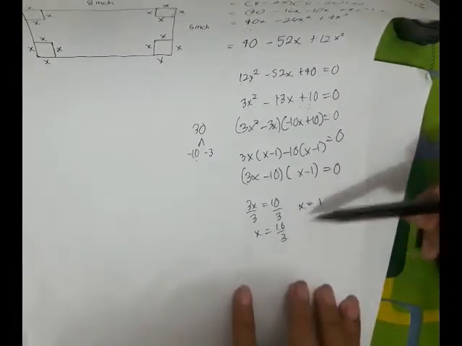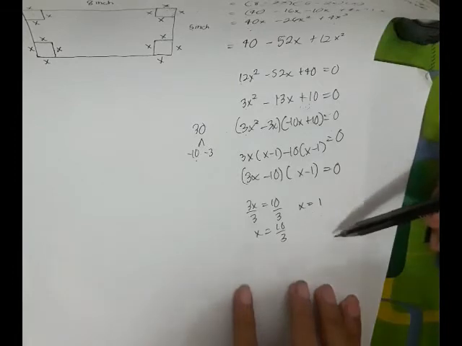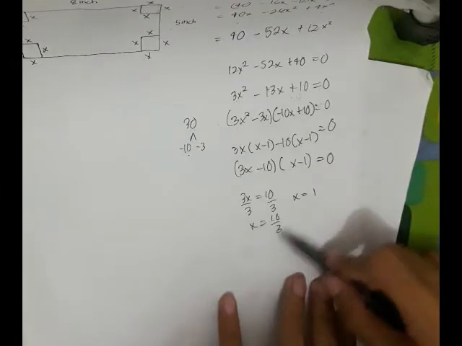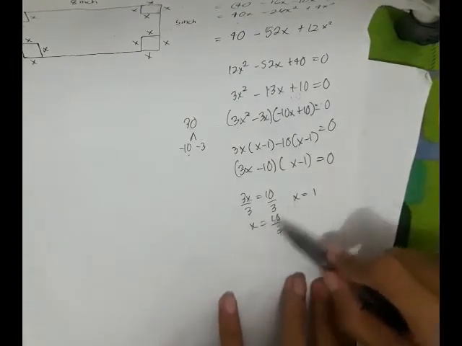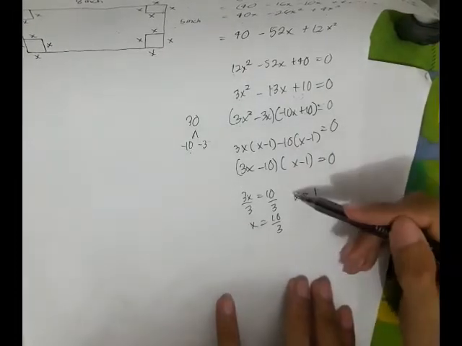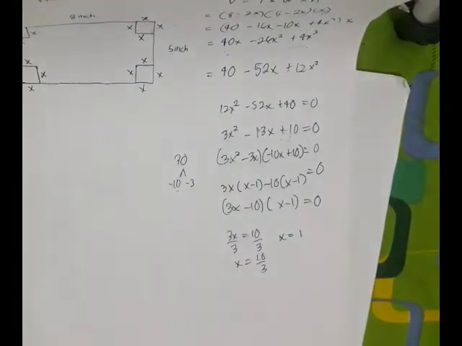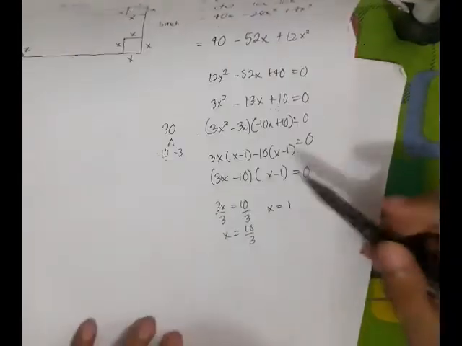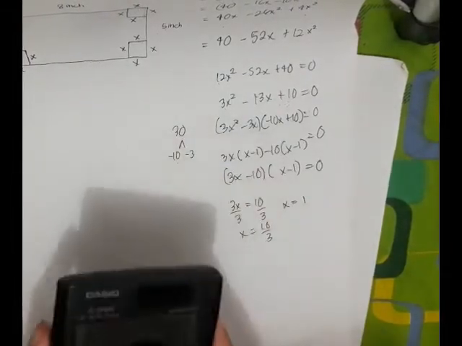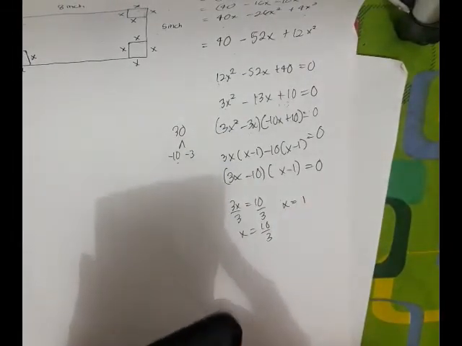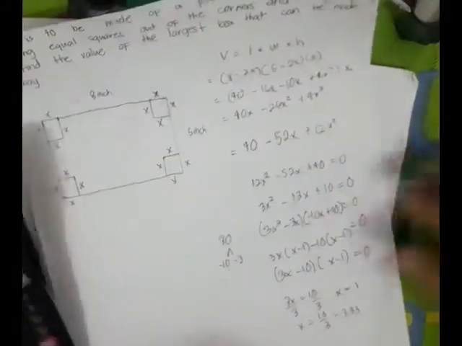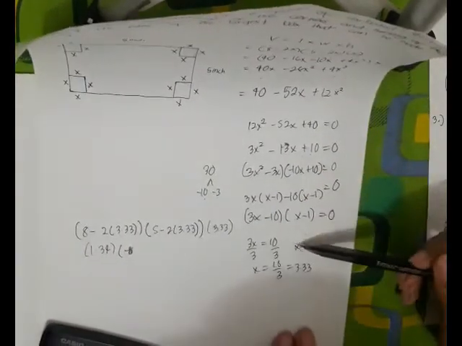Now we have the values of x, but we need to identify which one of them is the right one, by trying to substitute it in the equation. Here we finish factoring the problem.